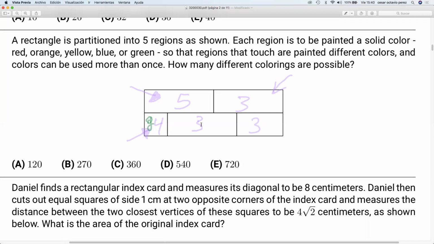So we only need to multiply those numbers. I have 540. Yes, that's right.